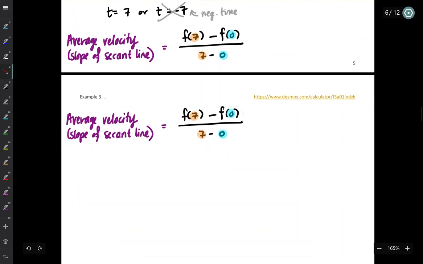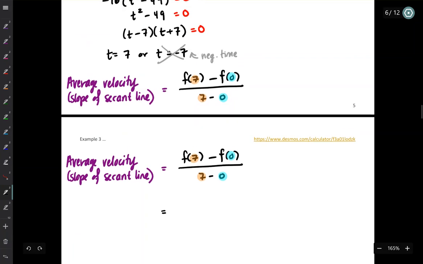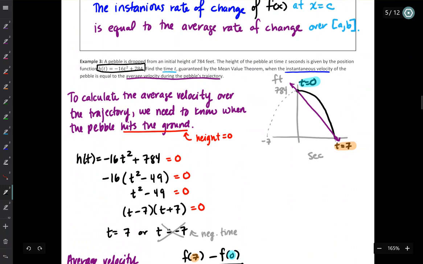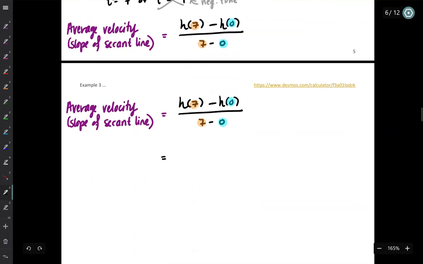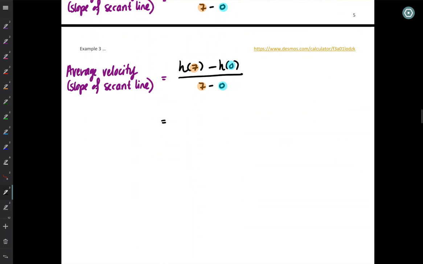So f of 7, just plug, oh, and I'm using f, and what's the name of this function? It's named h. Okay. H. All right, so I have this written down here to save myself some scrolling.